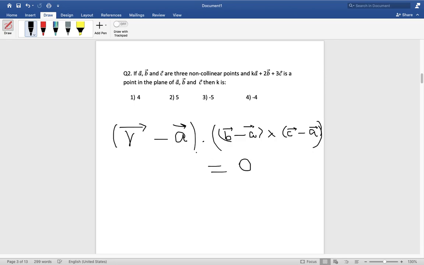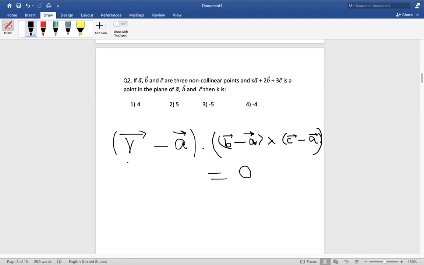This is the equation of the plane which is passing through these three non-collinear points. This is a very standard result. If you don't know, you can have a look at the book and you will find that this is a standard result.